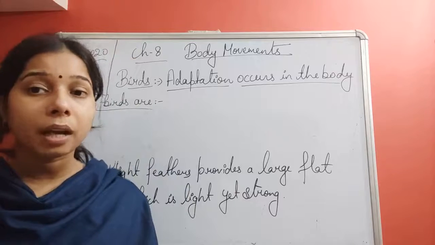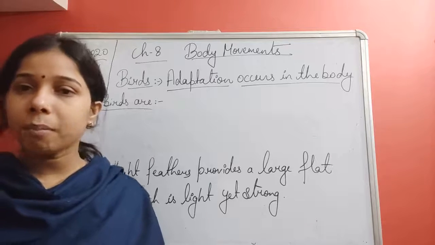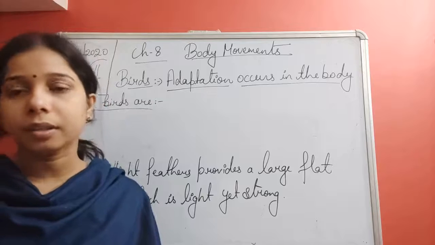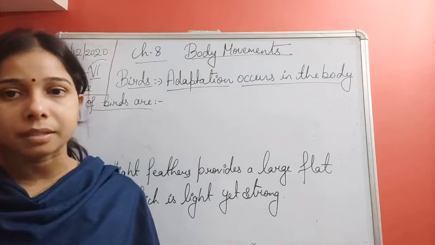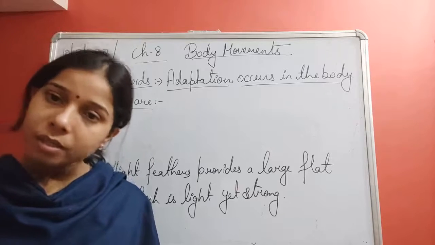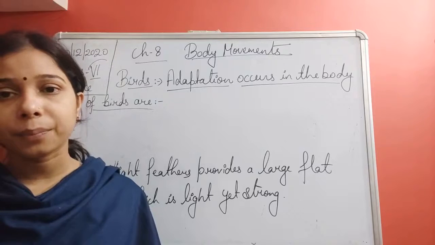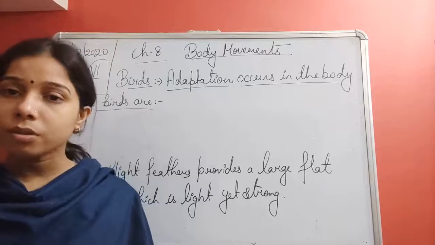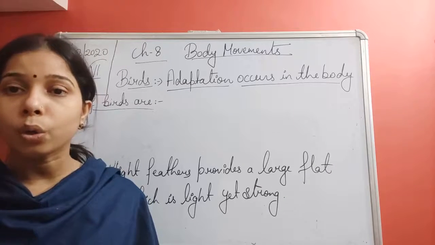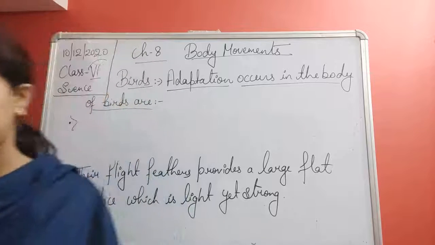It means we have bones, and bones make our body heavy, due to which a heavy body is not able to fly easily. What happens in the case of birds? Birds also have bones, so how are they able to fly? The bones present in birds are hollow, which makes their body lightweight.